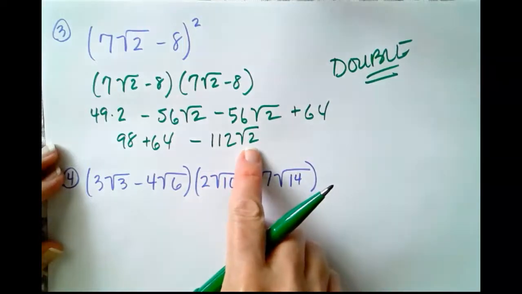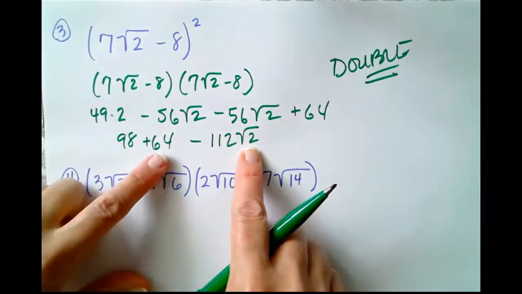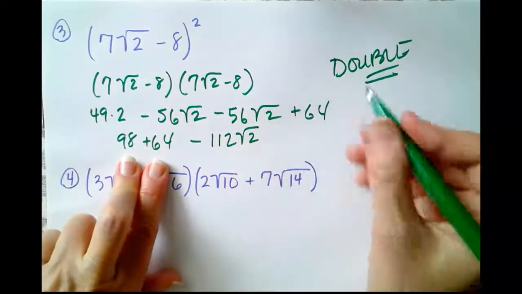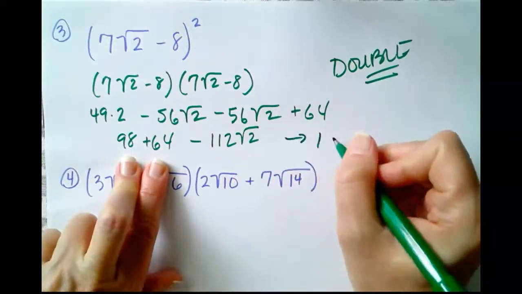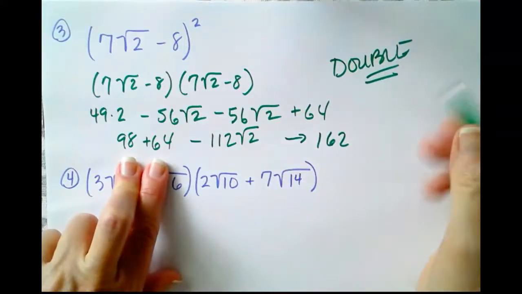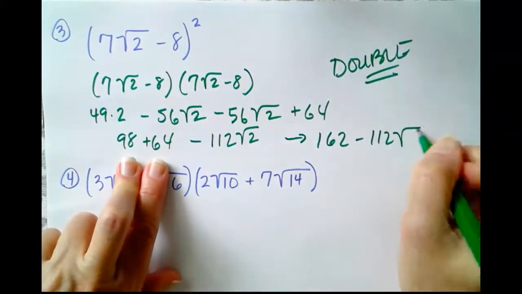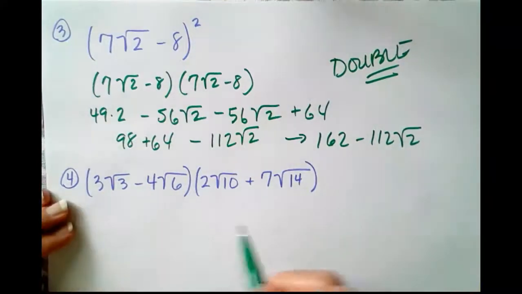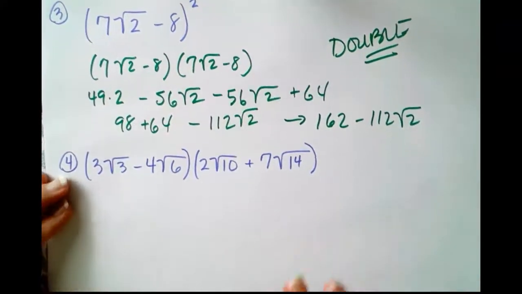Remember that the radical does not change when adding or subtracting. So 98 plus 64 would be 162 minus 112 root 2. One last one, do the double distribution.